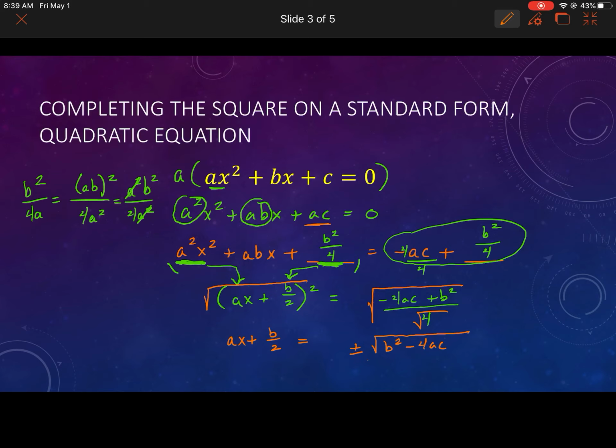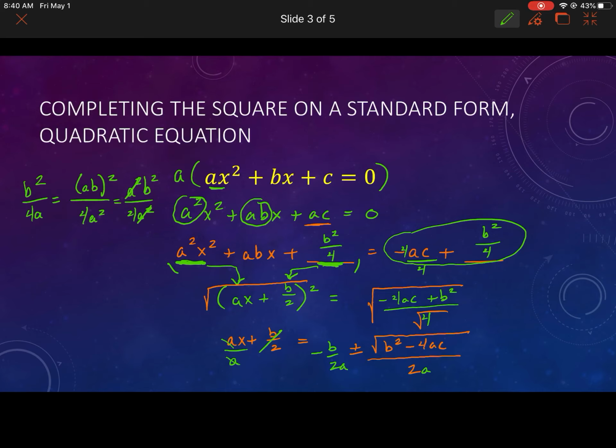And then we're going to simplify the square root of 4 to 2. So that when we subtract b over 2, they have a common denominator, and the only thing left to do is to divide everything by a, which is just going to tack an a onto here as a divisor.